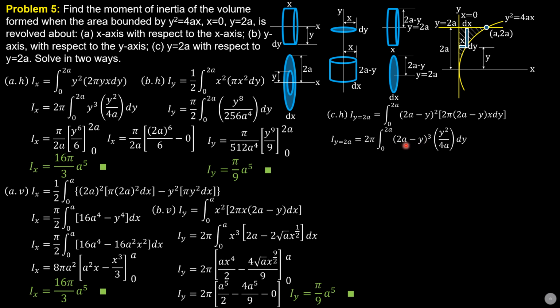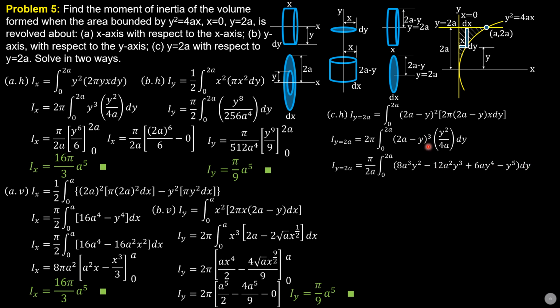So that would be 6ay squared, times y squared, so 6ay to the fourth. And the last term is negative y cubed times y squared, negative y to the fifth. So therefore, I with respect to y equals 2a is pi over 2a, integral 0 to 2a of quantity 8a cubed y squared minus 12a squared y cubed plus 6a y to the fourth minus y to the fifth dy.